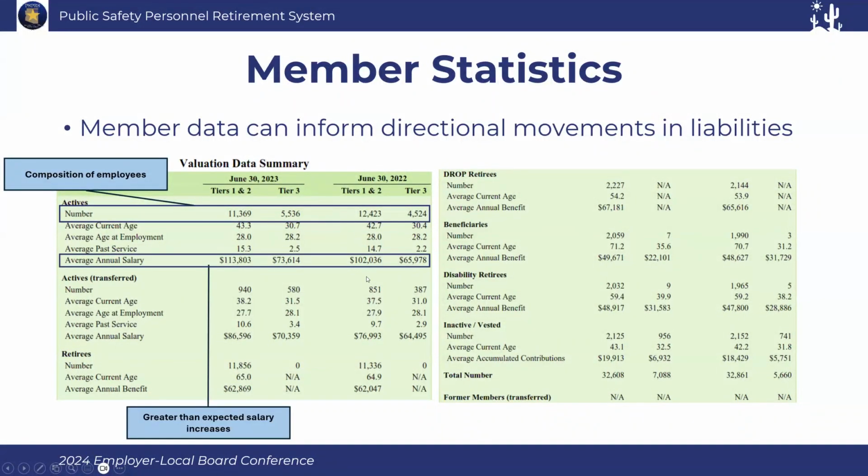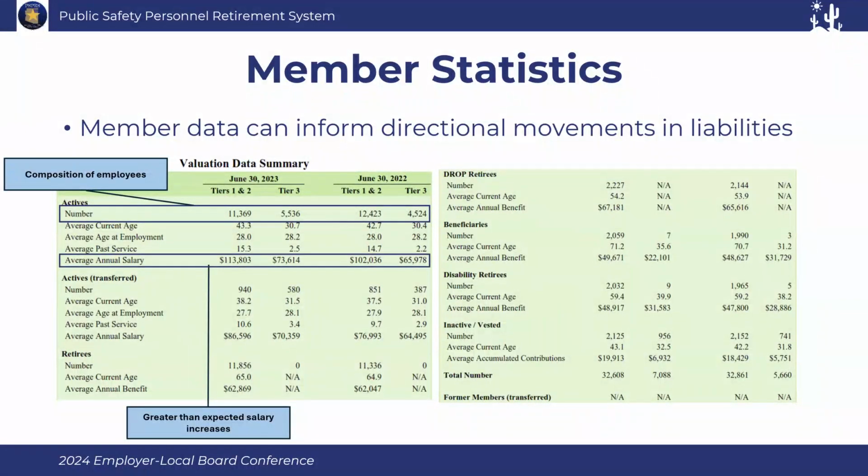Average salary, this is where you're going to see those greater than expected salary increases reflected. When Clark and I have been seeing a liability experience increase in the contribution rate, usually one of the first places we go is to the back here to look at the average annual salary and say, okay, what happened there?